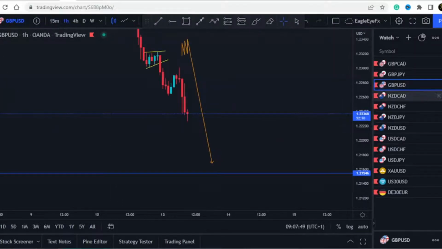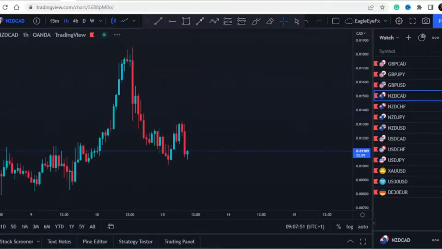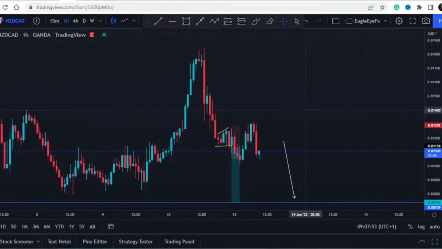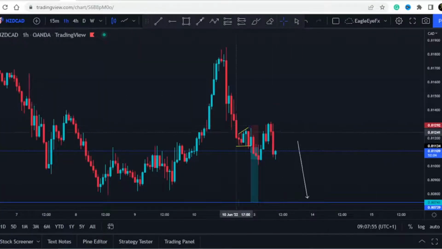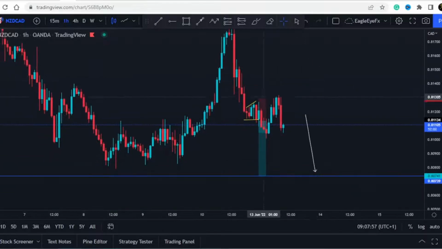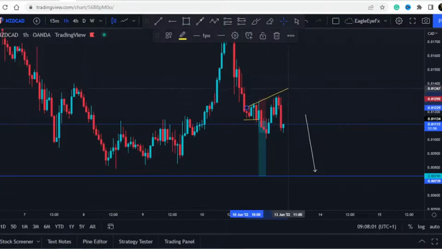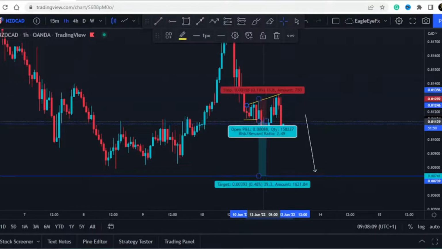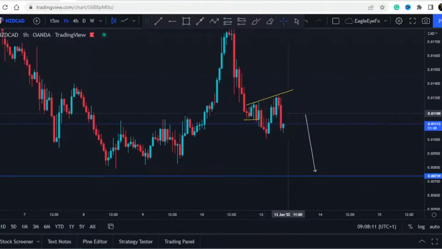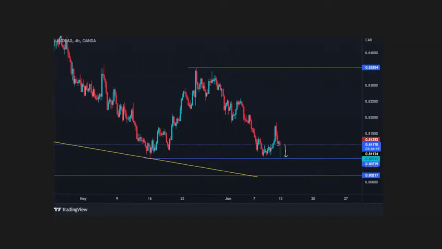So maybe let's look at NZDCAD. Same thing here. There was this flag over here. Definitely yesterday it was somewhere around here when I was doing this analysis.